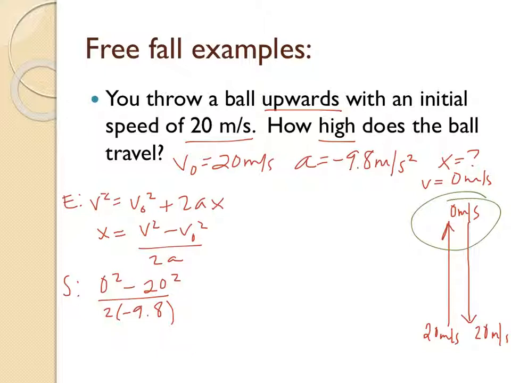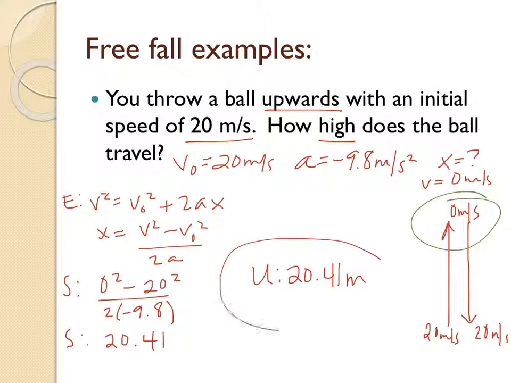Hopefully you are saying yes. So we have negative 400 divided by 2 times negative 9.8, and that gives us 20.41. And then our units, we were solving for distance, right? So that is going to be 20.41 meters.